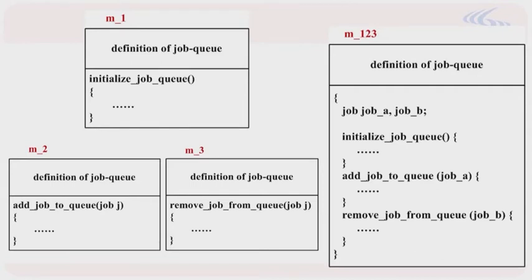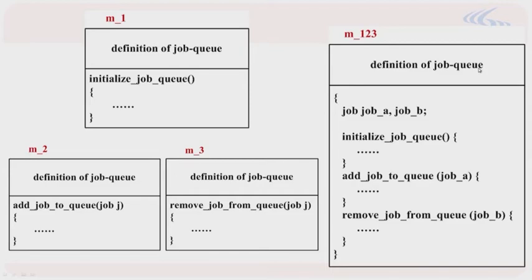We can see that in this module, there are 3 functions or methods: initialize job queue, add job to queue, and remove job from queue. And all of the methods or functions operate on the same data structure, job queue.